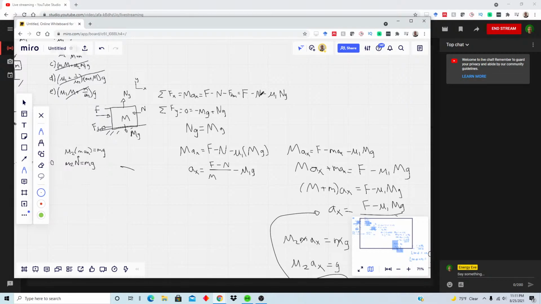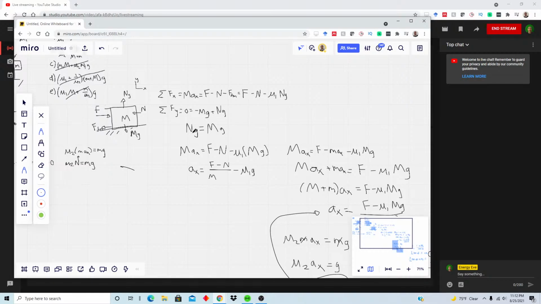So we have F minus N, which is a little box. And then we have mu1 Ng, which is this. And we solved for Ng here when we looked at the sum of the forces in the y direction, which is Ng minus big Mg, and that told us that Ng is equal to big Mg.